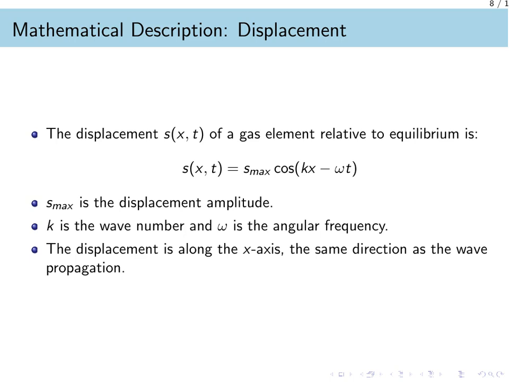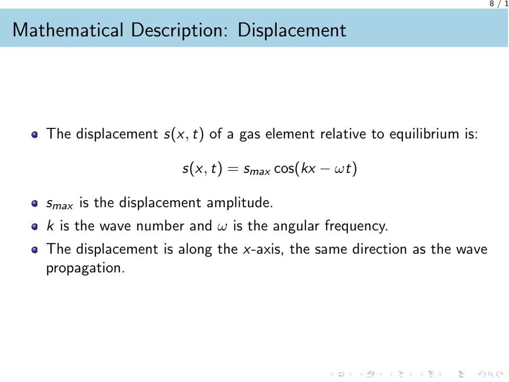We can describe the position of a gas element using a displacement function. The displacement s, as a function of position x and time t, is equal to the maximum displacement amplitude multiplied by the cosine of the quantity wave number times position minus angular frequency times time.